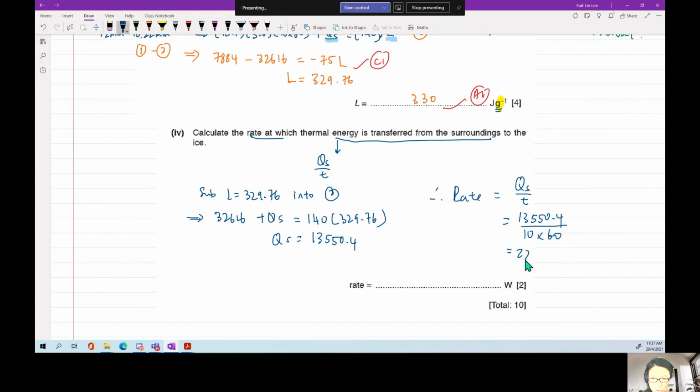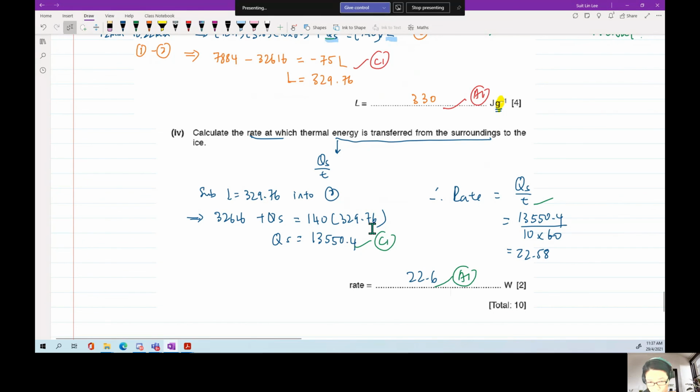This is 22.58. So I guess I can put 22.6 or 23. So finding QS is 1 mark, C1. Then you divide by 60 times 10. This is your A1. So this is how you get the 10 marks.